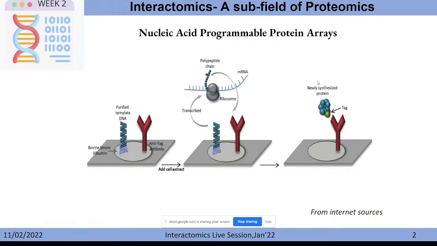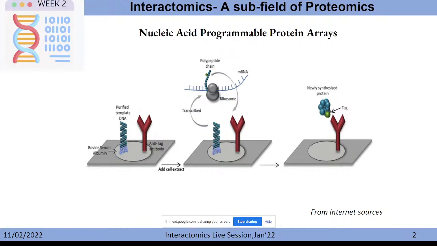So here, as we had discussed in the previous week and through the different lectures, to determine the functional and structural aspects of the proteome, or all the proteins in the cell or in the body, you need to synthesize all those proteins and then finally study them.